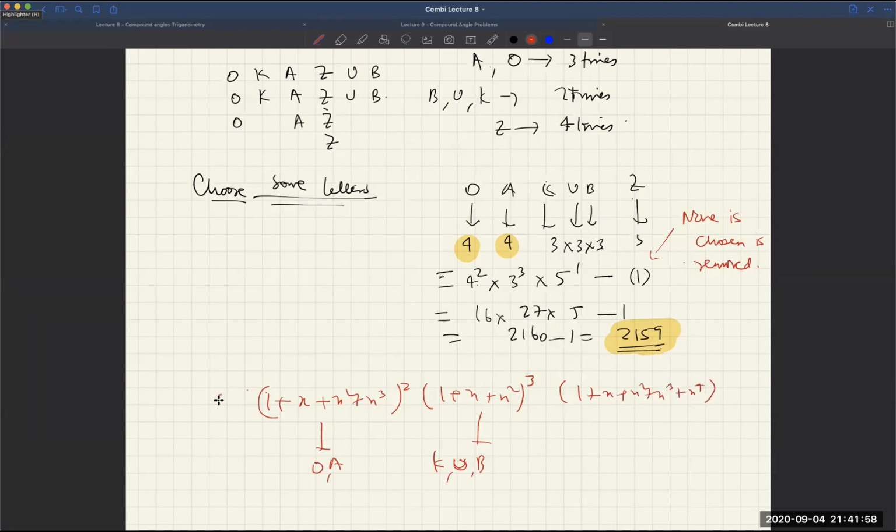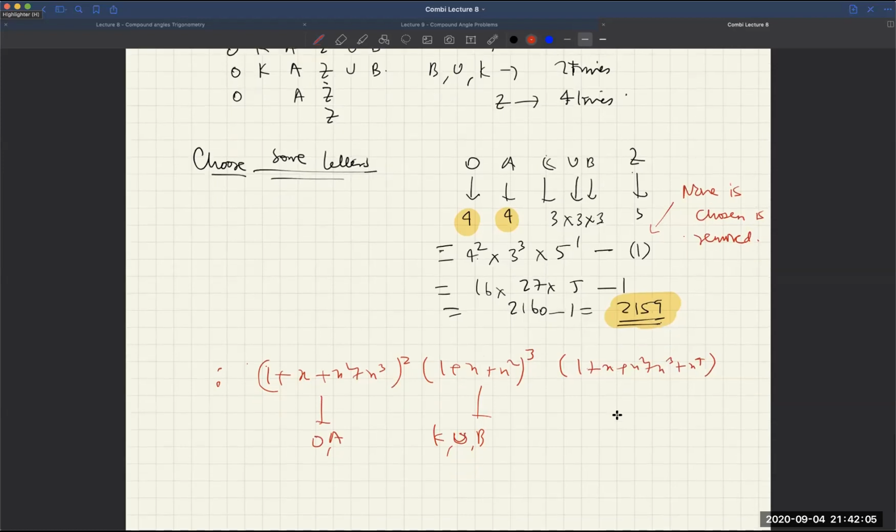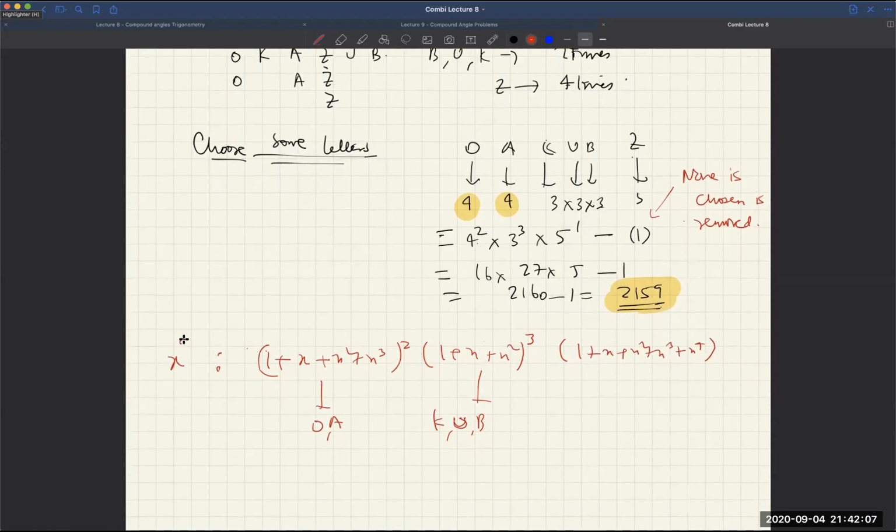Here we need to find the coefficient of what? Some are chosen. So it is as good as the coefficient of all powers being chosen, because it can be 0, 1, 2, 3, anything. Am I clear with this, guys?